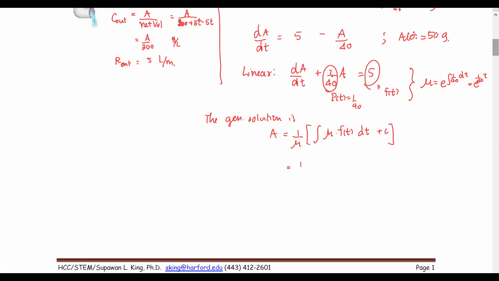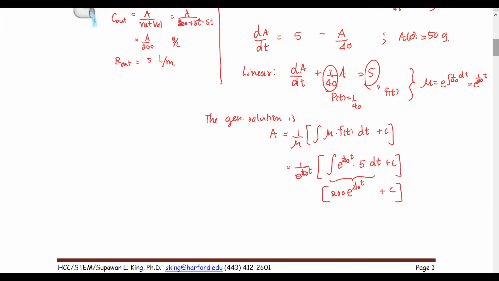We have mu as e to the 1 over 40 t, multiplied by the integral of mu, which is e to the 1 over 40 t, times f, which is 5, with respect to t, plus c. The antiderivative gives us e to the power 1 over 40 t divided by 1 over 40, or multiplied by 40, together with the 5 becomes the coefficient 200, plus c.